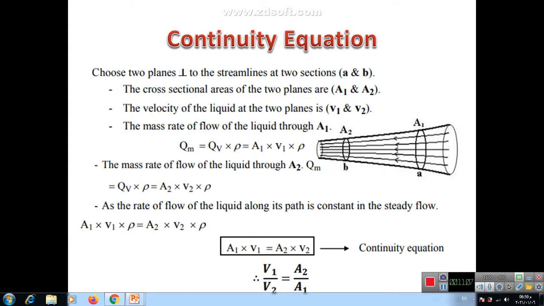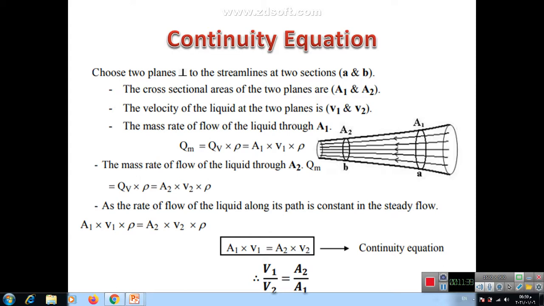The mass rate of flow of the liquid through A1, we can call it Qm, equals Qv times rho, equals A1 times V1 times rho. The mass rate of flow of liquid through A2 equals Qv times rho equals A2 times V2 times rho.